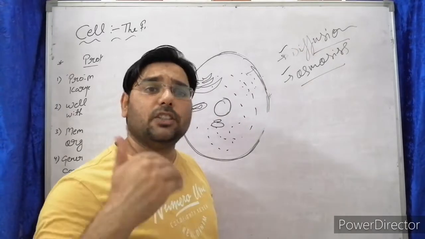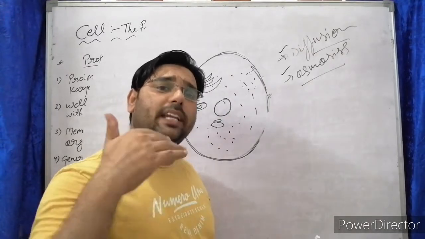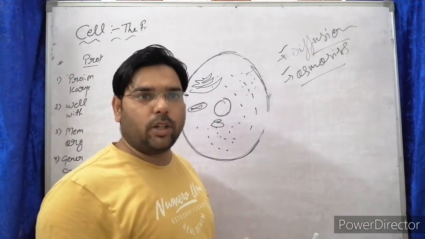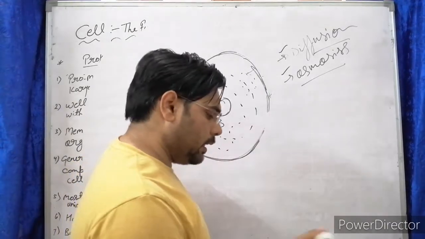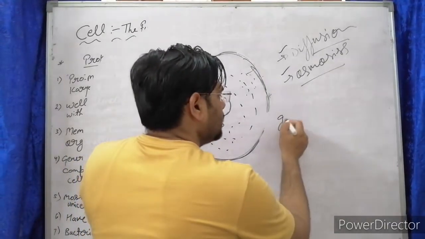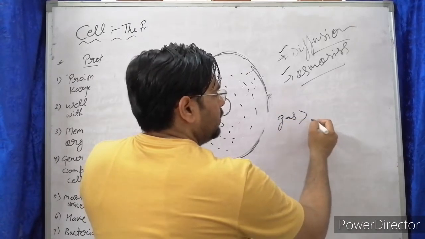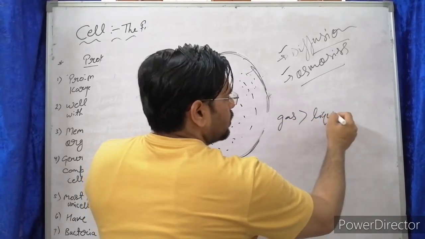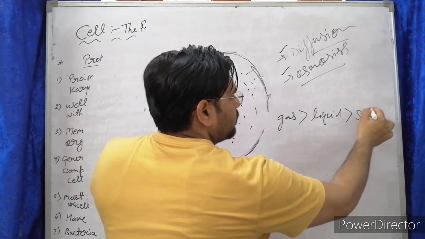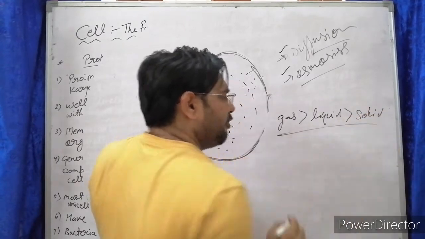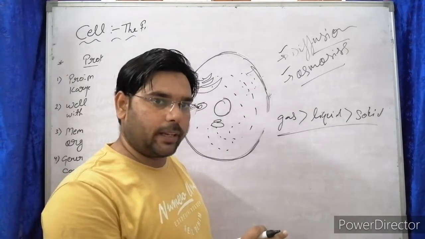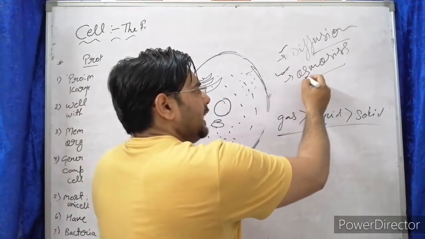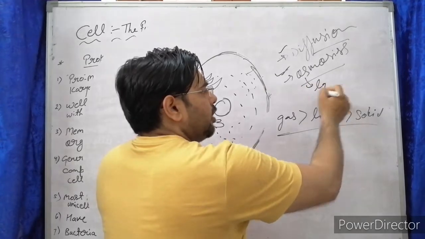But the rate of diffusion, rate means speed, is maximum in gas, then in liquid, then in solid. So diffusion can take place in all 3 states of matter, but osmosis can take place only in liquid.